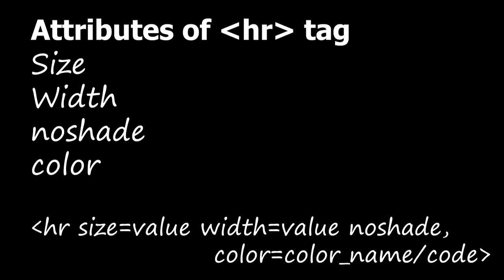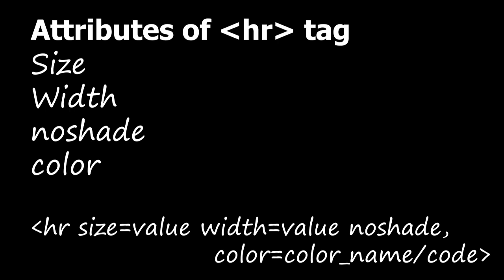Let's see the attributes of the HR tag. Okay, HR tag has four attributes. It has size, width, noshade, and color. These are the attributes which are used to set the size, width, the appearance and the color of that HR line, right? So this line will be based on these attributes only.